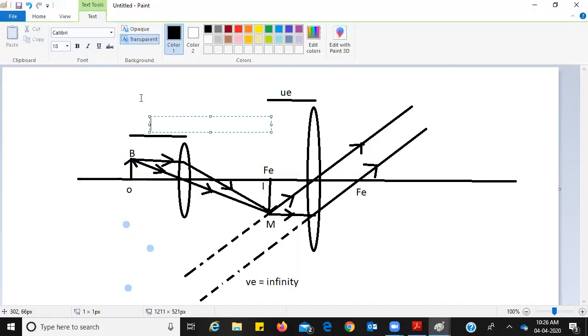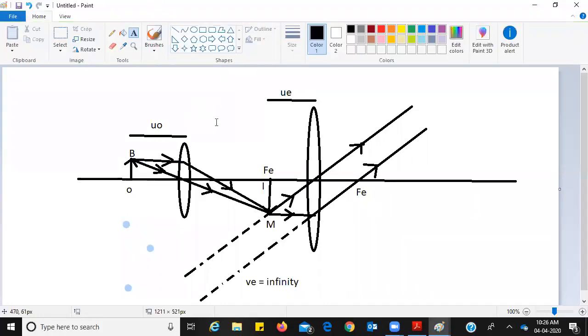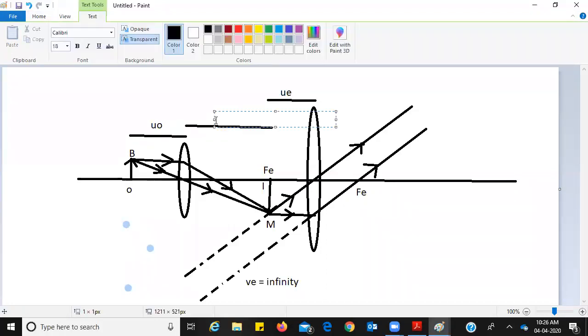U. Then from here to here, VO. What's the importance of UE in this case? That's equal to 25. FE. Why 25? I don't know why 25 is coming here.